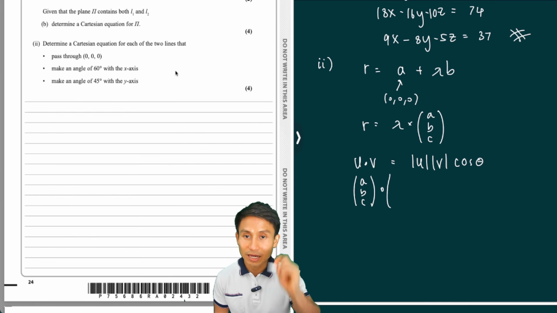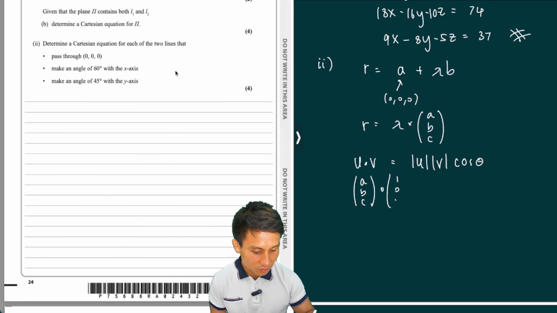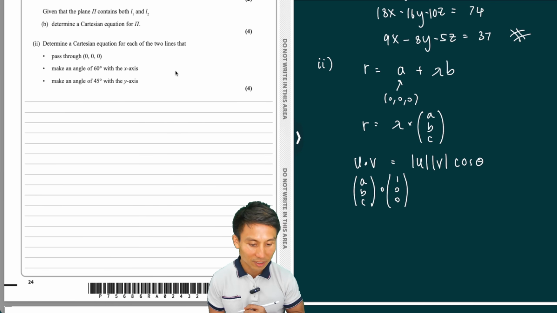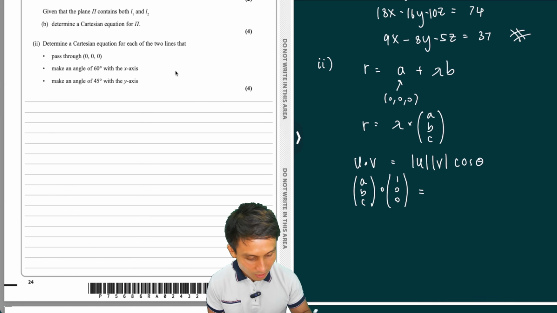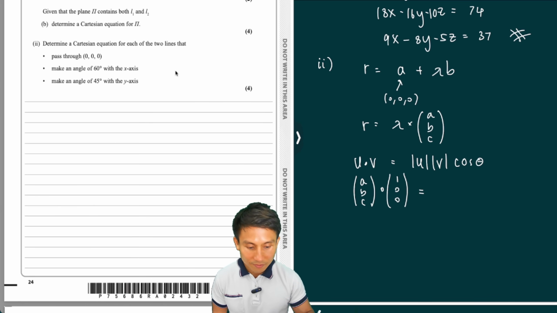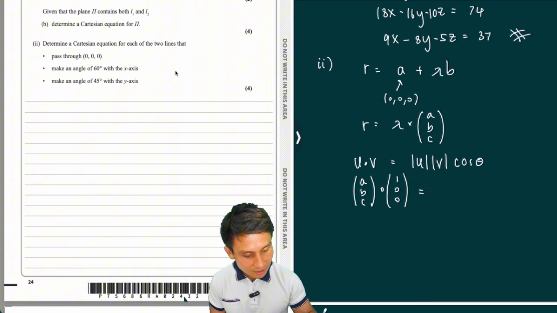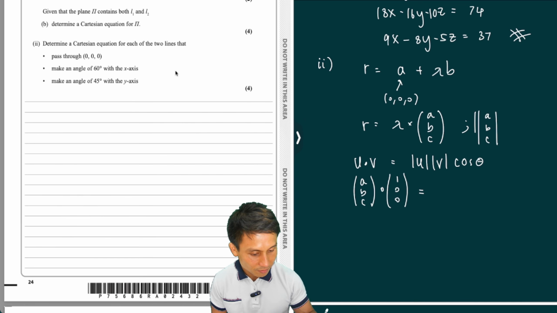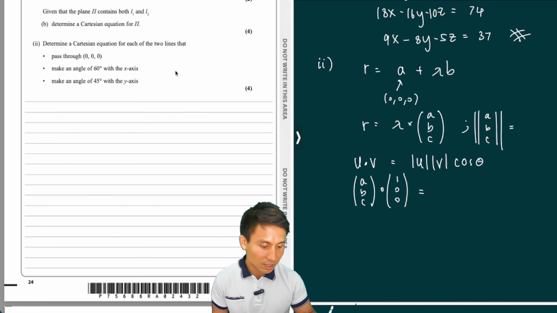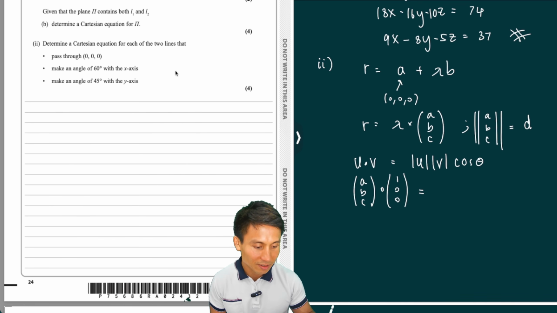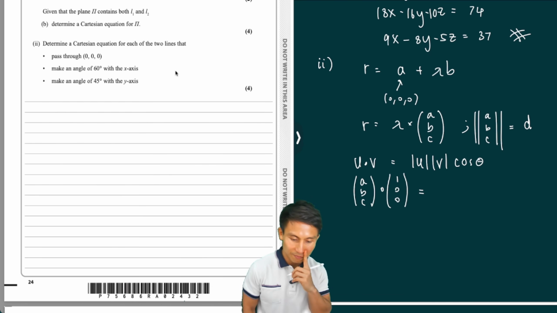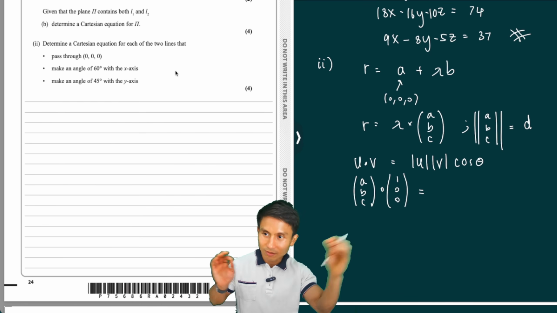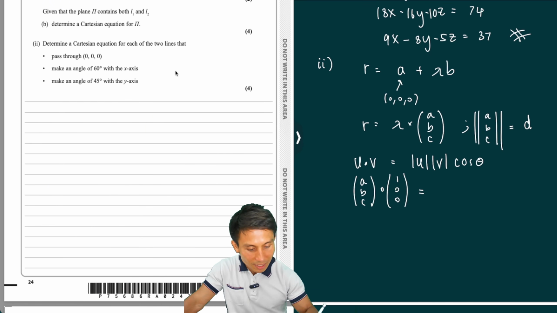We can use the basis vector i, which is 1, 0, 0, the direction vector of the x-axis, equals, well, let's say the modulus of that vector b is going to be d, just for simplicity.